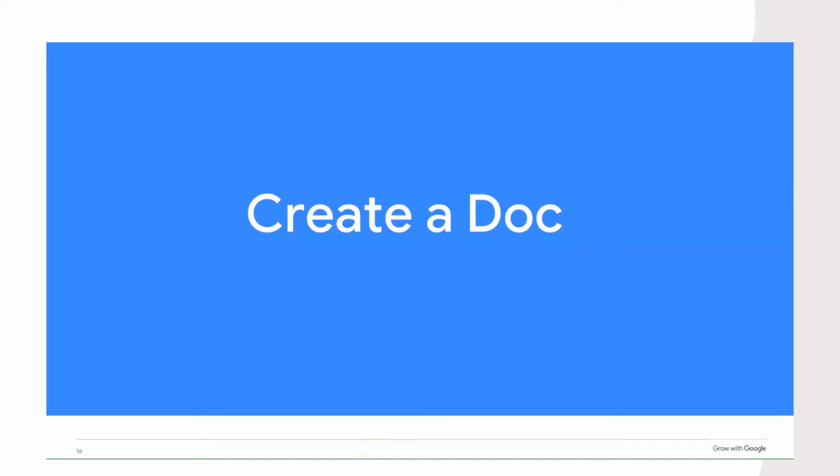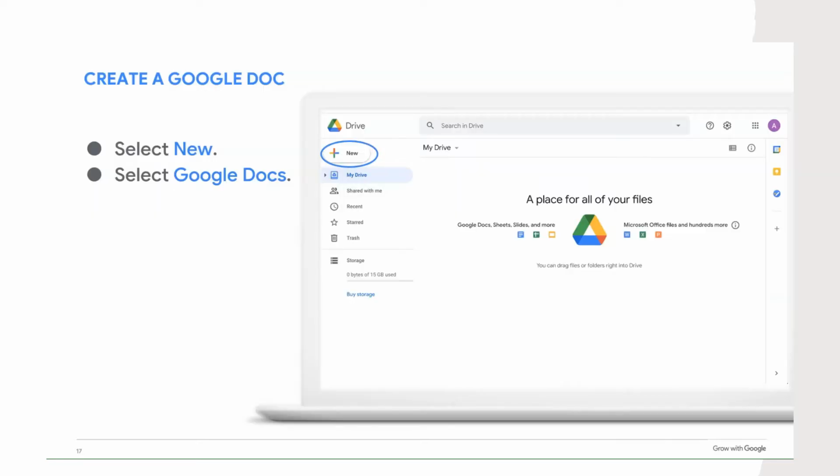So in this session or module, you'll create a document in your drive. Then you'll give your doc a title and type a sentence in it. You'll use this document to learn how to keep your drive neat and organized. From the Google Drive, you can create a new Google Doc. Google Docs are text-based documents. You might use Google Docs to write a resume, take notes, or write a story.